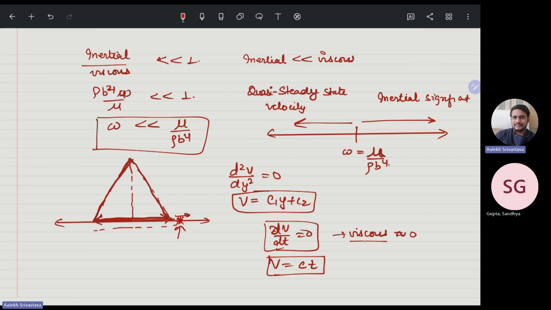So dropping of the viscous term will lead to an error. If you apply any one of the boundary conditions, the second boundary condition would be violated. Then there may be a problem. So what is the solution of that?